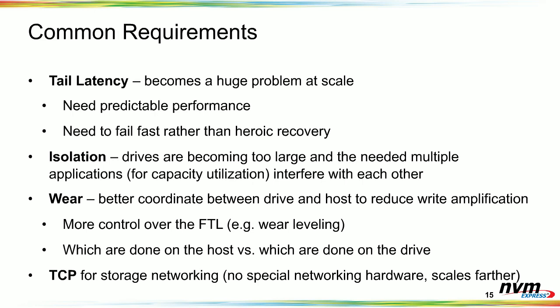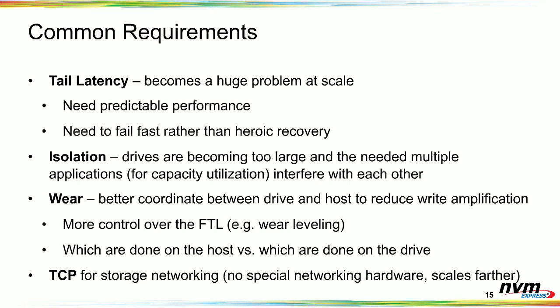Predictable performance is part of that, but we also need to understand that when you're trying to read a piece of media and you have problems reading it, there are all sorts of correction steps that can be done by the drive to recover that data, and in some cases, a heroic recovery.